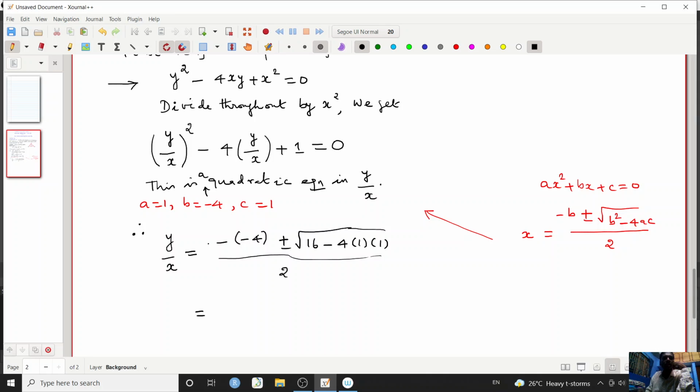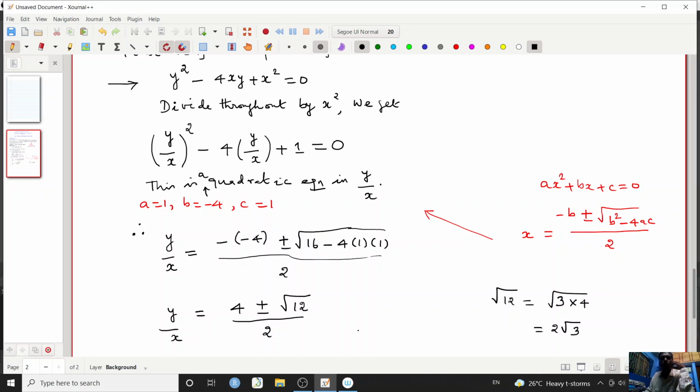So minus times minus is 4, plus or minus √(16 − 4), and 16 minus 4 is 12, divided by 2. This is nothing but y over x. Now we know that root 12 can be written as 3 times 4, so root 12 is 2 root 3.